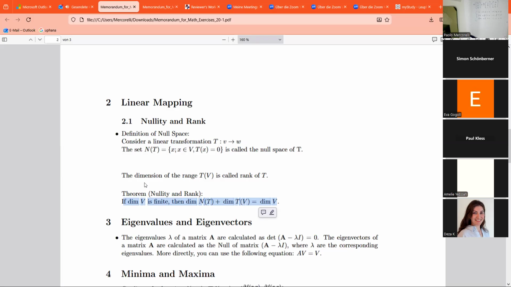The dimension of V is 3. The dimension of the null space is 1. The dimension of the image is 2. 3 equals 2 plus 1.